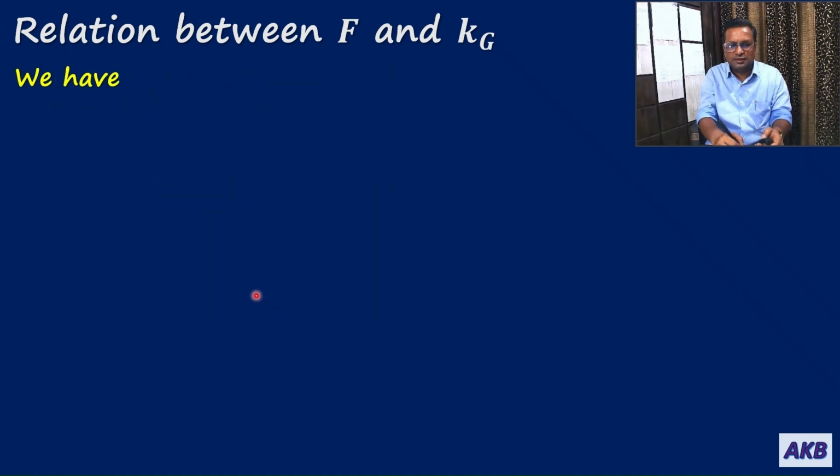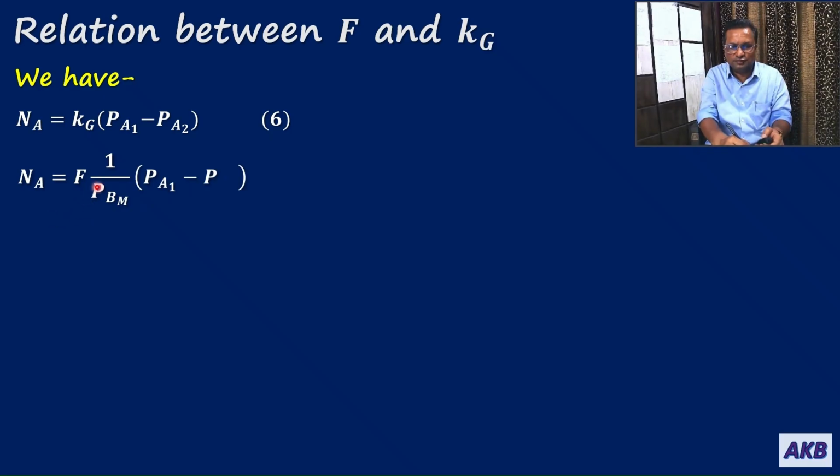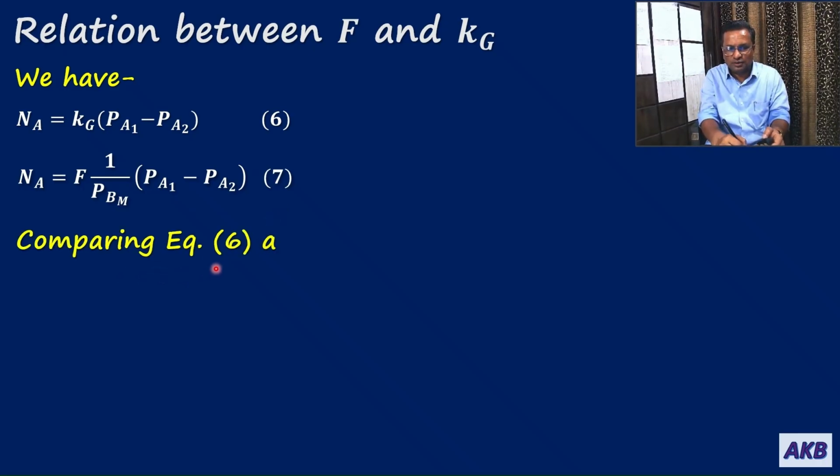Let us continue. So we have equation 6, which is Na is equal to Kg into Pa1 minus Pa2, the defining equation for Kg. And then we just got Na is equal to F into 1 upon PBM into Pa1 minus Pa2. That is equation number 7. So now we are going to compare equation 6 and 7.